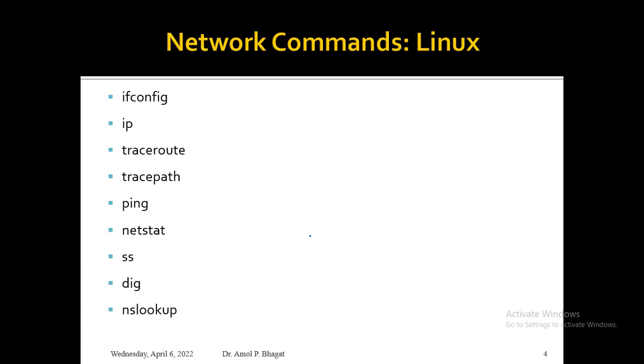So this nslookup command is used to query domain name server related information in Linux, correct. Then there is the route command, which shows the IP routing table, right? You can even manipulate the IP routing table using the route command.